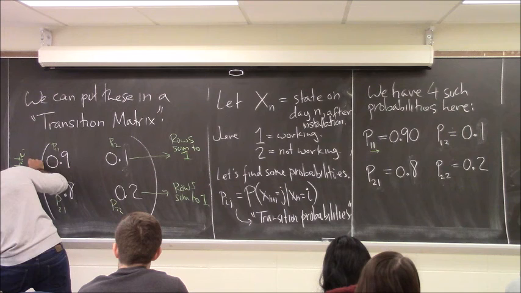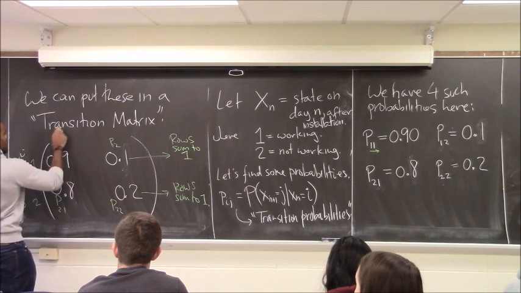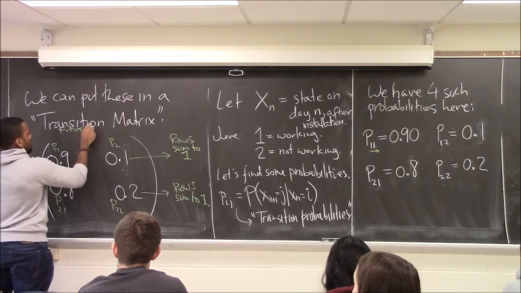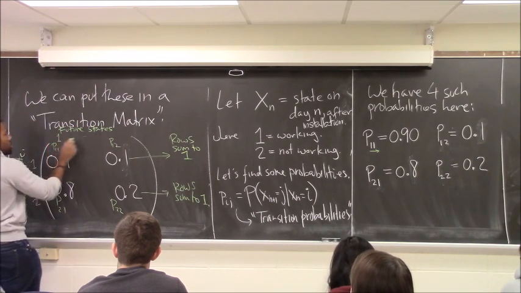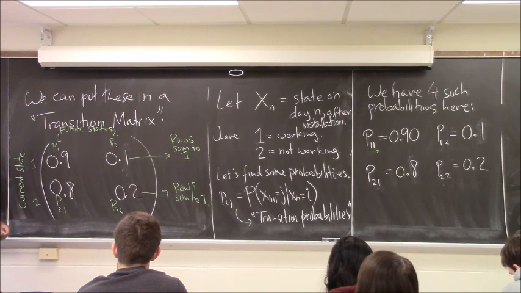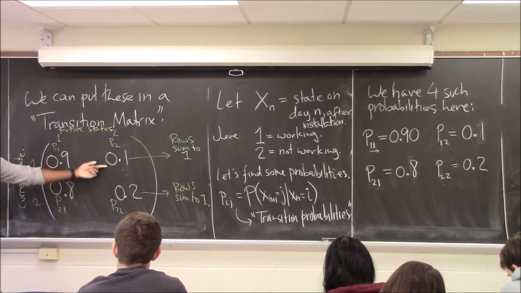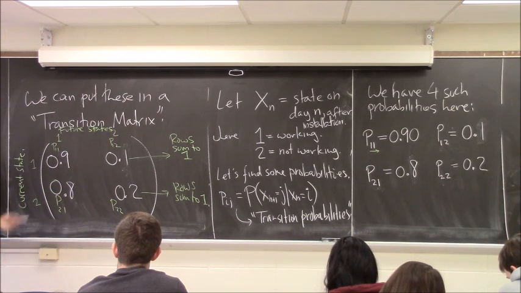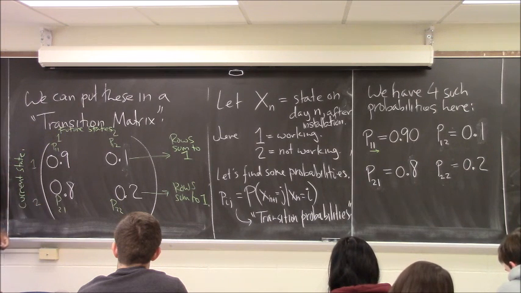You could currently be in state 1 or state 2, and across the columns you think of it as the future states. You can be in state 1 or state 2. So the entry in 1,1 says, I was in state 1 and I remained in state 1: there's a 90% chance of that. If I was in state 1 and I moved to state 2, there's a 10% chance of that. If I was in state 2 and I moved to state 1, there's an 80% chance of that.